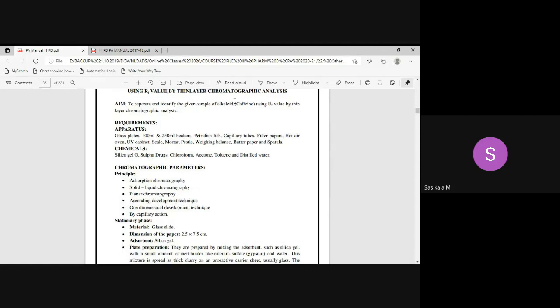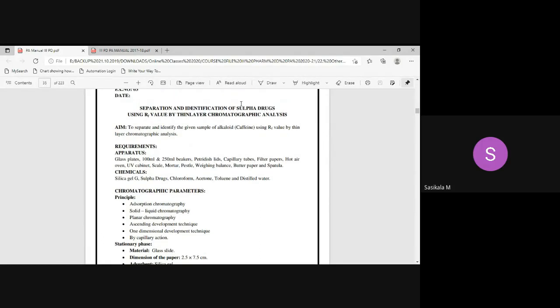Here I have given alkaloid and caffeine by mistake, since I copied from another manual where we performed an alkaloid sample. In your manual, strike off this word and write down sulfur drugs. Those who have the manual, strike off the word alkaloid or caffeine. Just write sulfur drugs.